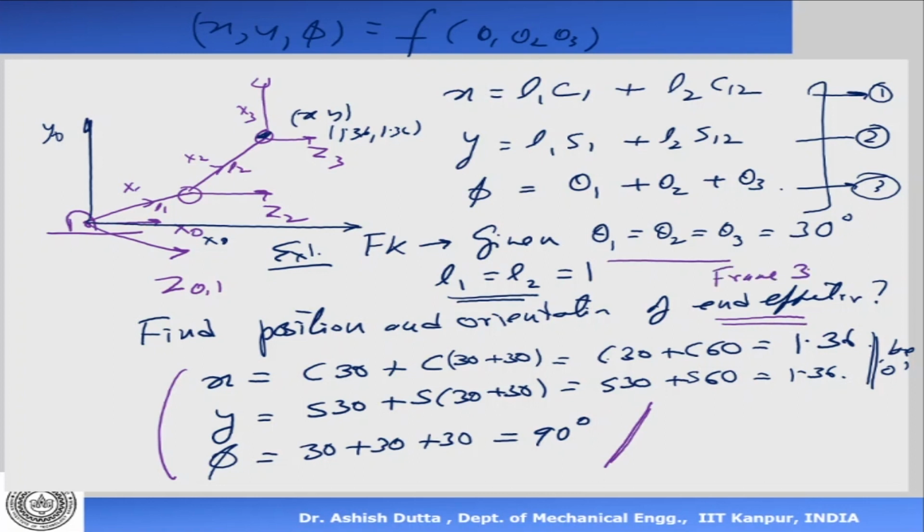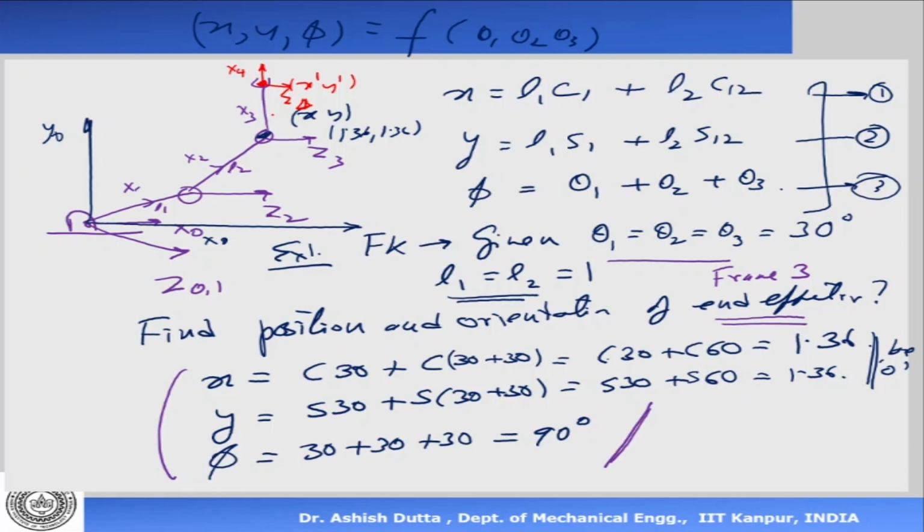Now suppose I want this point. Let me put it here now. Let me call this x dashed y dashed. Then I need to put another frame there and say this is my frame z4, this is my x4. Now x3 and x4 are in the same direction, so your phi will still remain the same, only this point will shift.